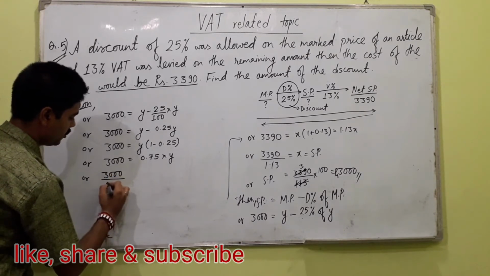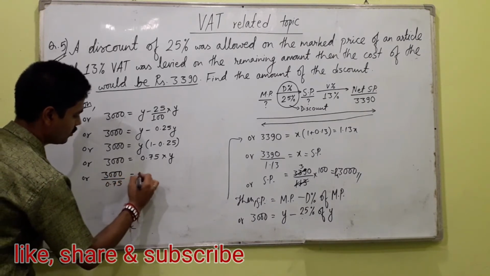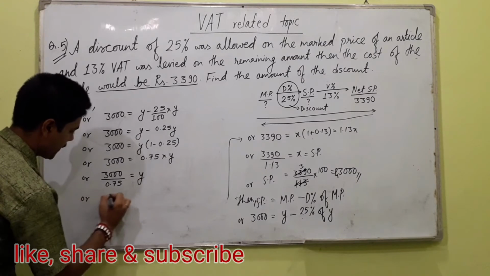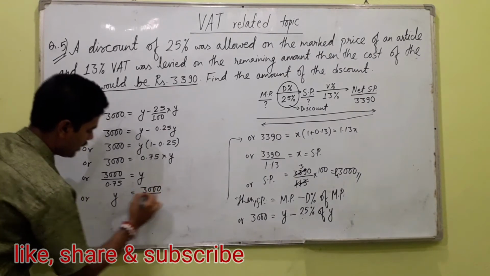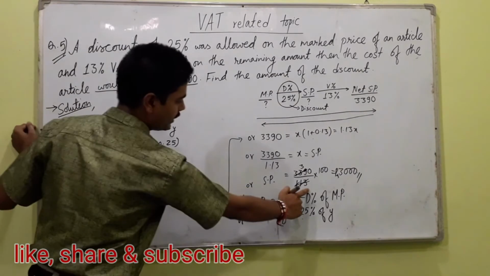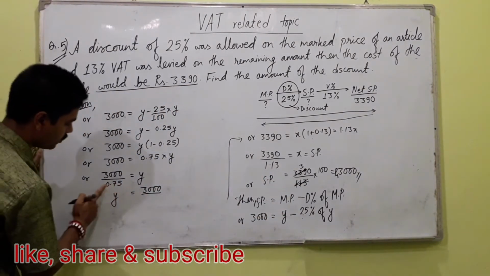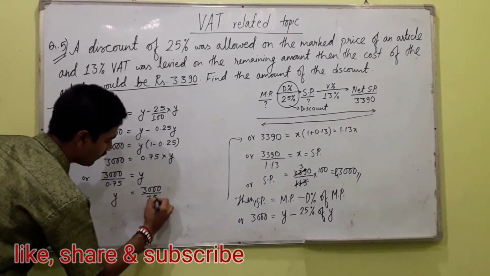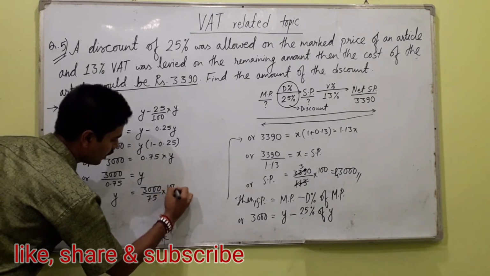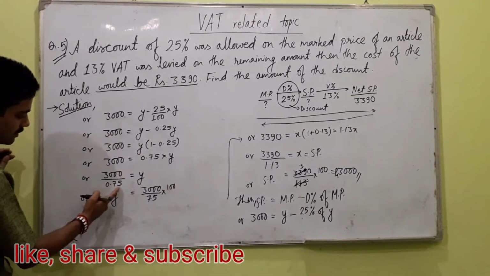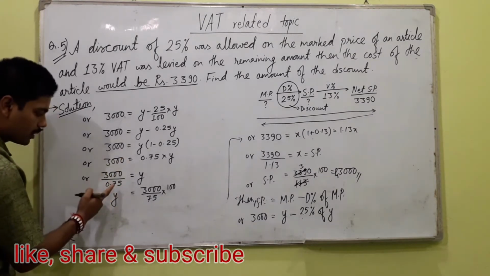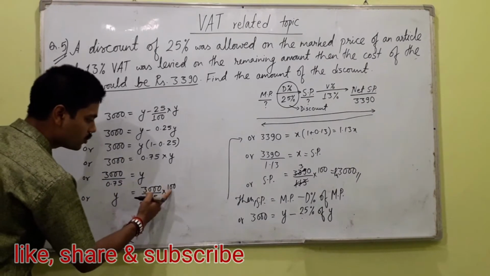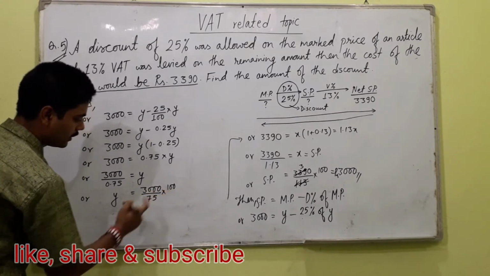3000 divided by 0.75 is equal to y, or y is equal to 3000 over 0.75. As I did the same thing before, I am going to do it here also. 0.75 will change into 75 over 100, because there are two digits after the decimal. So because of two digits you have to put two zeros, and there comes 100.